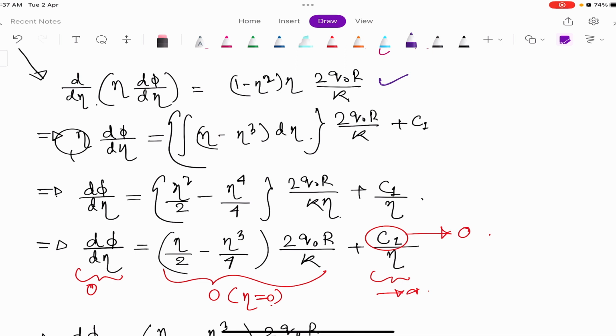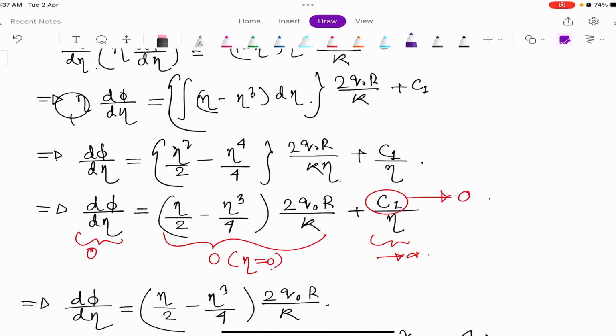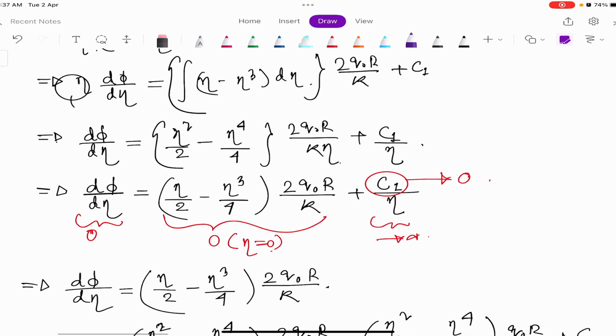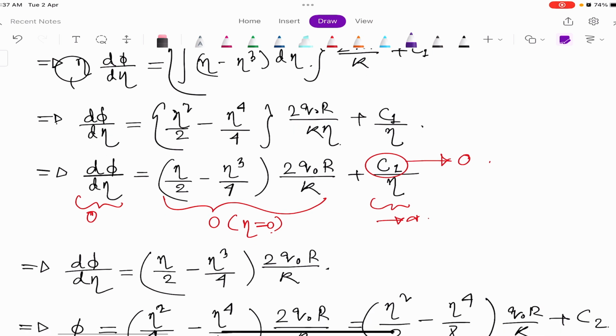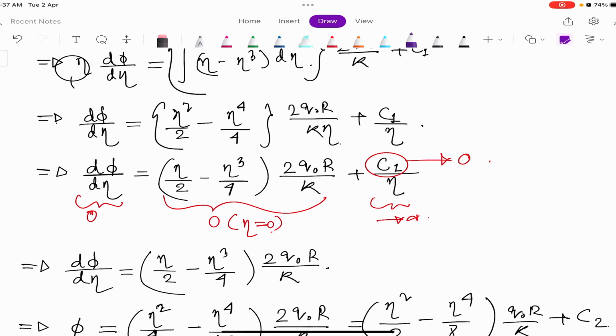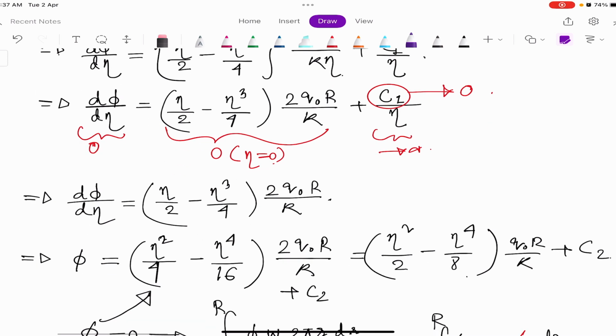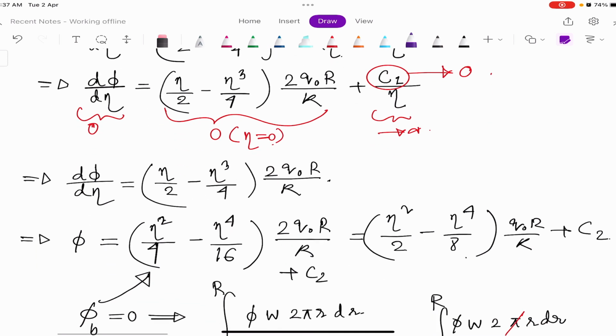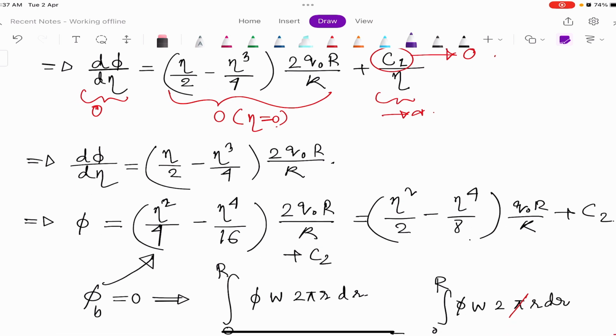So then eta square by 2 into 2. That is fine. Then we have to again integrate this, so eta cube. So again eta square by 4 and eta to the power 4 by 16, right? So if that is correct, then this is 8 and this is coming as 2.